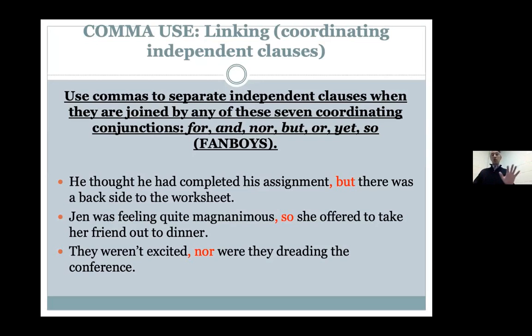We have 2 independent clauses here, but in the first one, when we use comma and but, we're showing a contrast between the first clause and the second clause. In the second one, when you use so, you can see kind of a result. And so the second clause is kind of a result of the first.